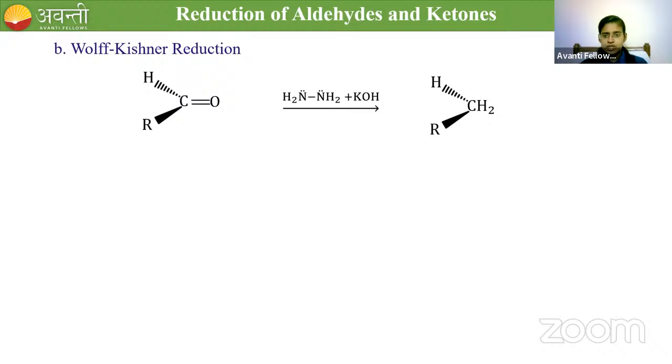Products are the same, but the reagents are different. You should memorize the reagents: NH2NH2 with KOH is the reagent for Wolff-Kishner, and zinc amalgam with HCl is the reagent for Clemmensen. These are the two reactions in which we get the hydrocarbons from the aldehydes and ketones.